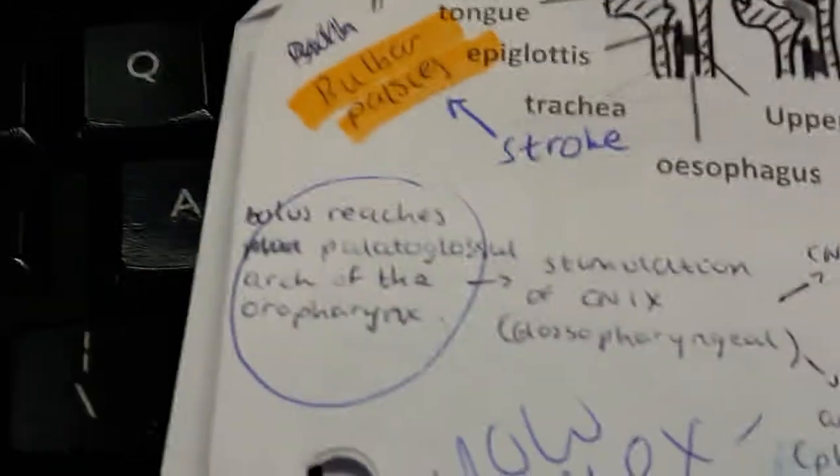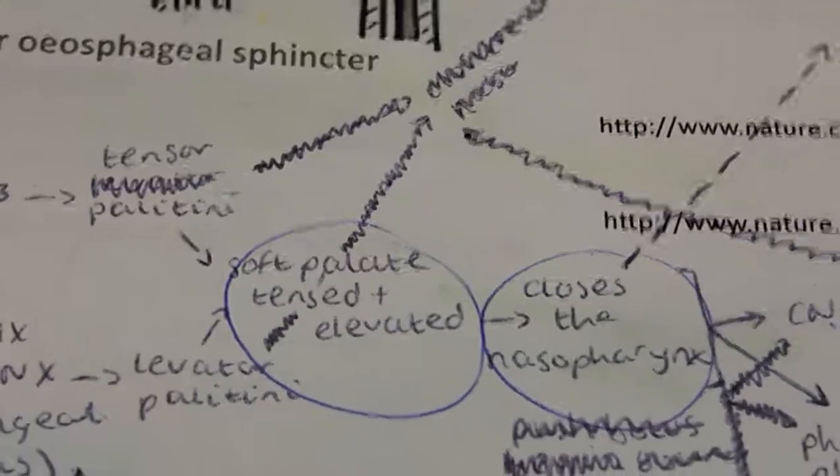So what have we done so far? Well, the food has reached the back of the mouth, and then to stop the food from going up into the nasopharynx, you've closed the nasopharynx by tensing and lifting the levator, the soft palate.